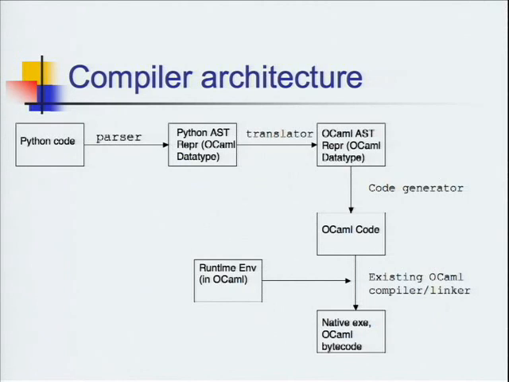So here's the general architecture of my translator, or the compiler as it is now. There is Python code which gets translated by a parser to a representation of a Python AST. Now this representation is basically an OCaml data type, which represents all the nodes of the Python AST.